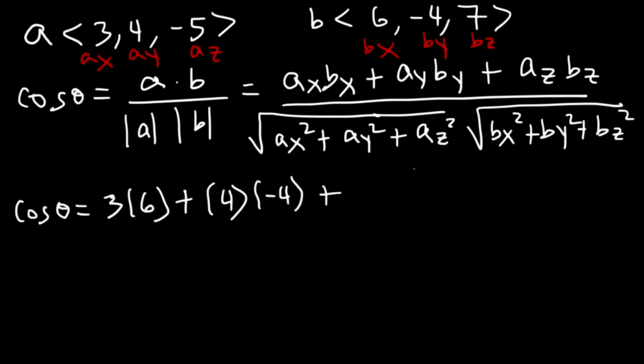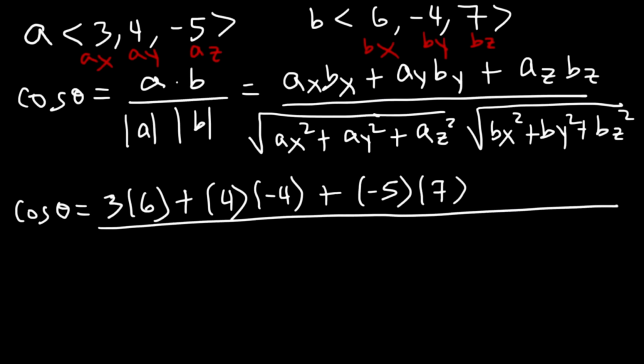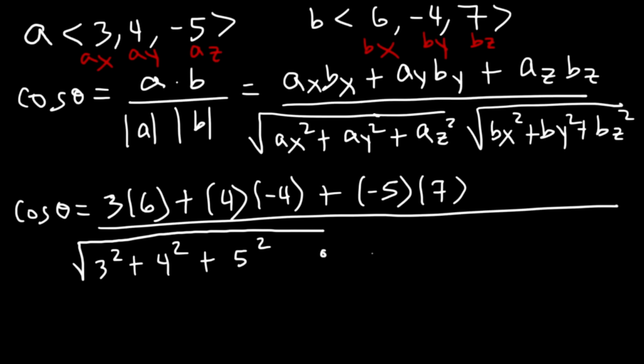And then AZ times BZ, it's negative 5 times 7. Now the magnitude of A is going to be the square root of AX squared, which is 3 squared, plus AY squared, that's 4 squared, plus AZ squared, which is negative 5 squared, and 5 squared is the same thing. It's going to be 25.